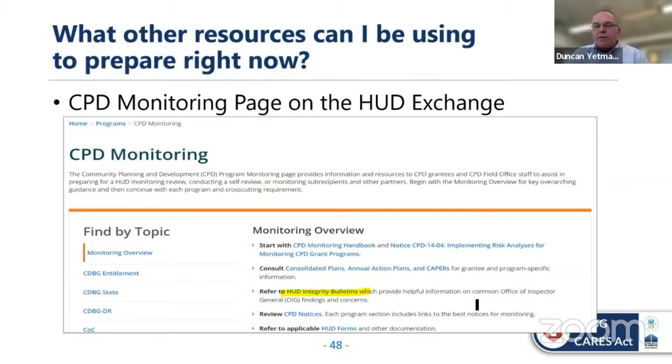There are some valuable quick guides on areas of mutual interest between CPD and OIG.